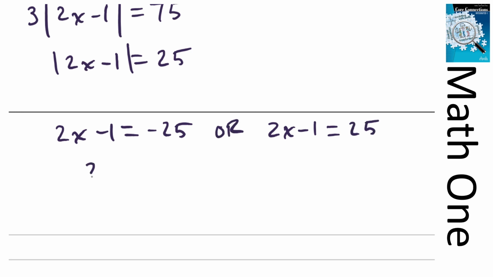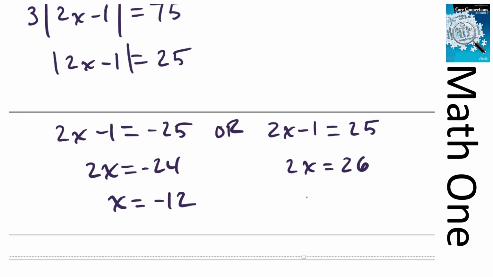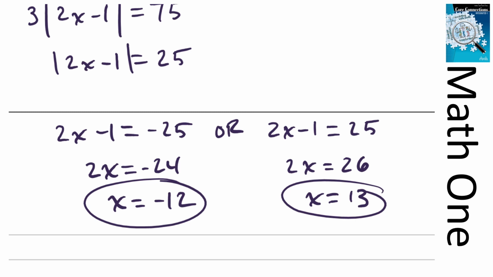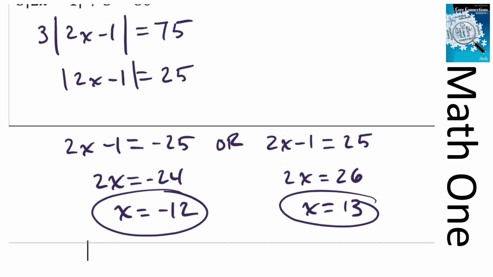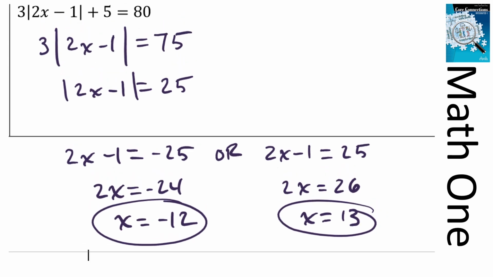I'm going to add 1. So that's negative 24. Over here, I'll add 1. And on this side, I'll divide by 2. x is negative 12. And here I'll divide by 2. x is positive 13. So the two values that will work in the original equation are negative 12 and positive 13.